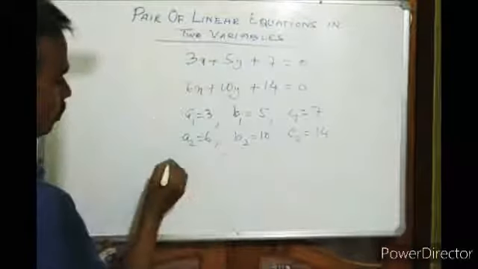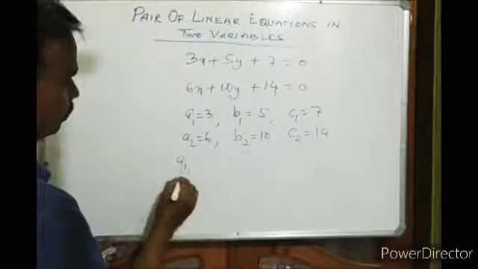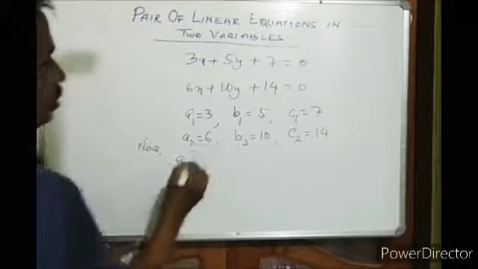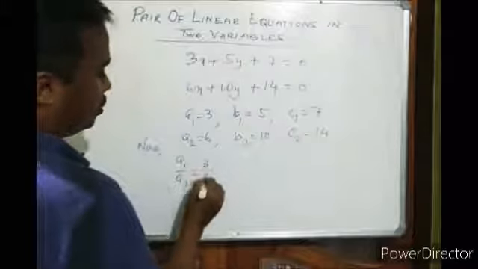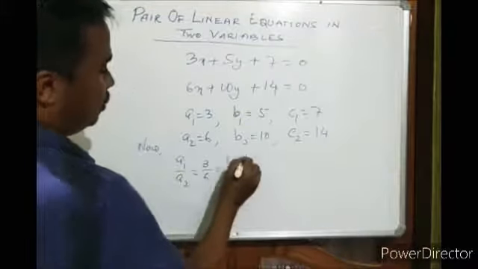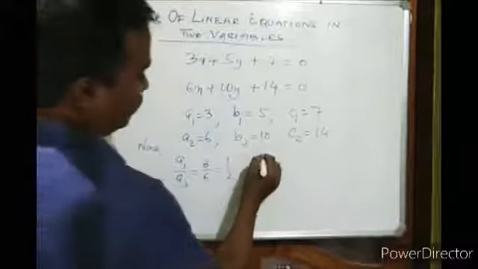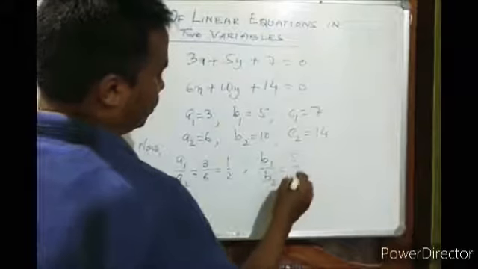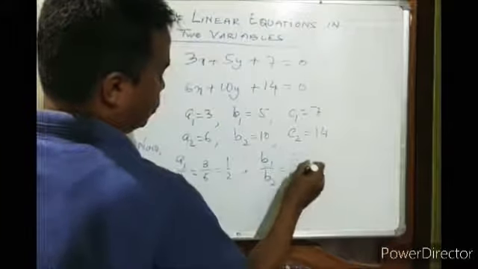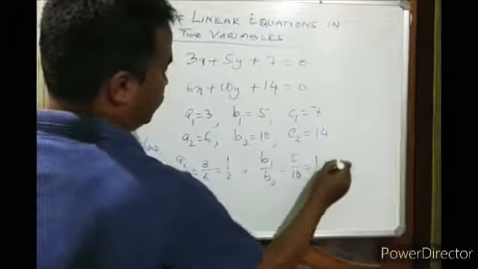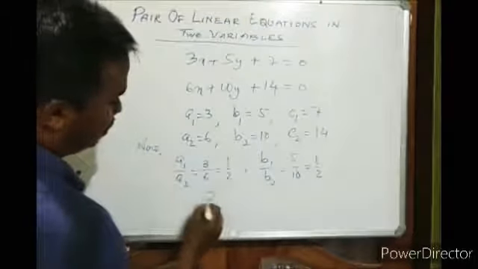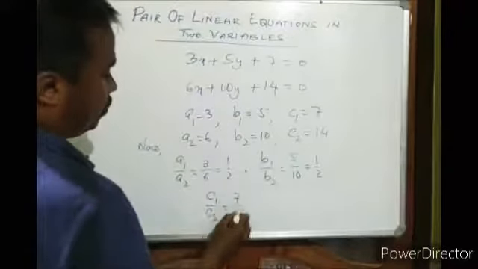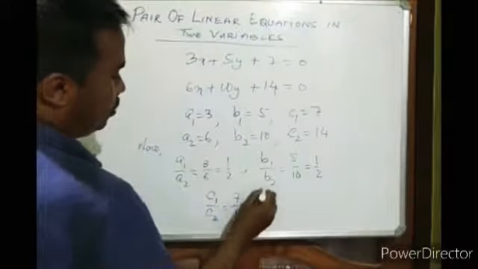And you see A1 by A2 is 3 by 6, which is equal to half. Then B1 by B2 is equal to 5 by 10, which is again half. C1 by C2 is equal to 7 by 14, which is again half.